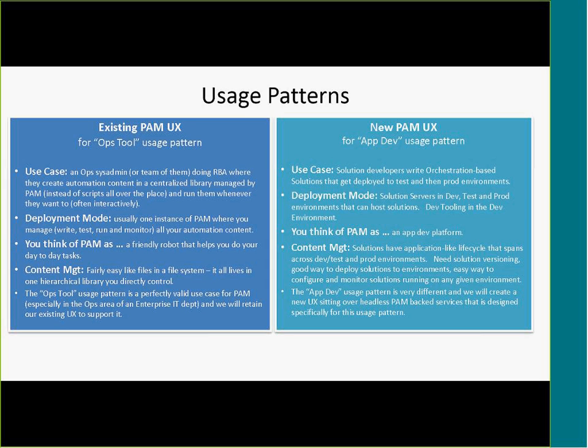The new usage pattern that we're seeing is what I'm going to call the app dev usage pattern, which is where solution developers are really writing orchestration-based solutions that get deployed to test environments and then onto production environments, very much more like an app dev life cycle.